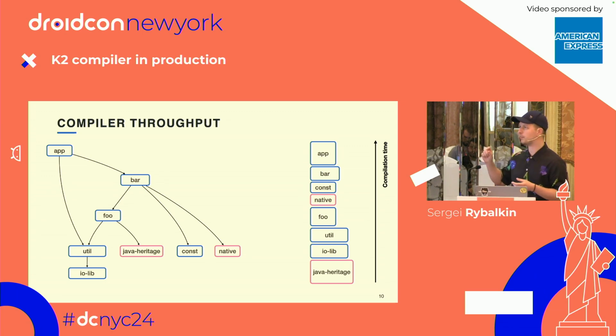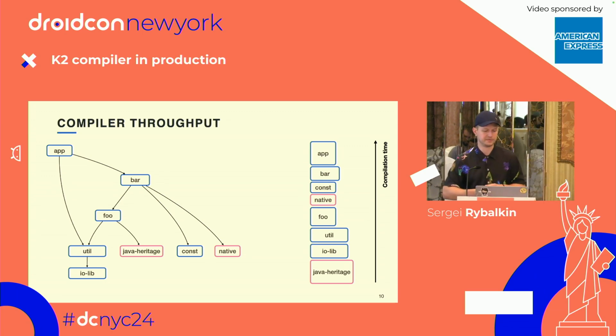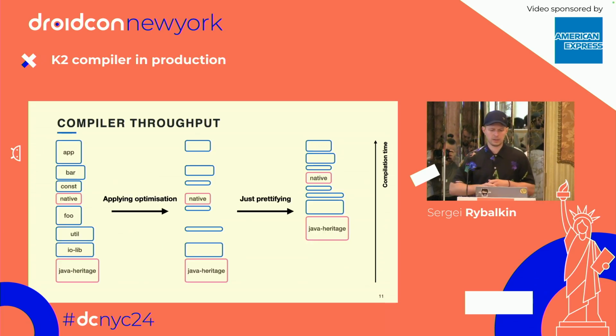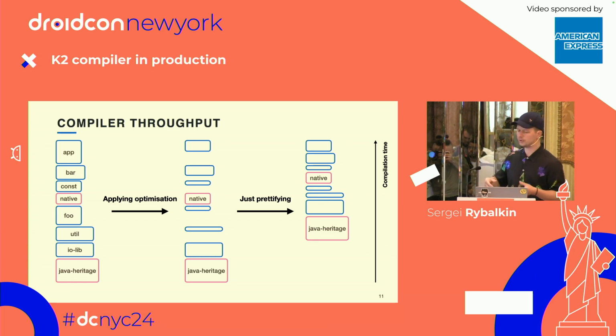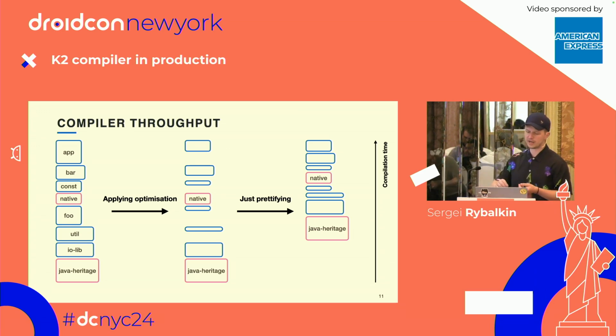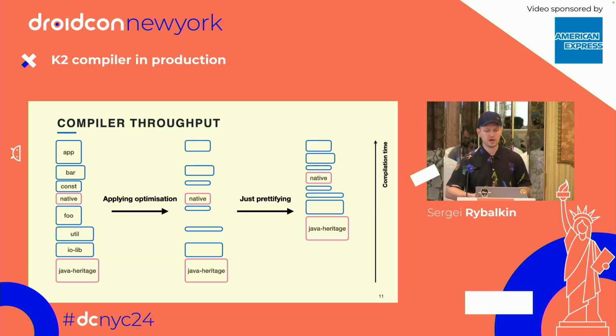If we shrink some of them, we'll get the benefit of building faster. Compiler throughput is an optimization that is applicable to a single compilation unit. In our case, let's say we are optimizing Kotlin, so it's applicable to every blue rectangle on this diagram. We apply the optimization, and just by making the Kotlin compiler faster, we are getting benefits in compilation time.